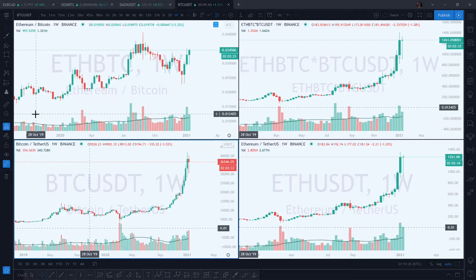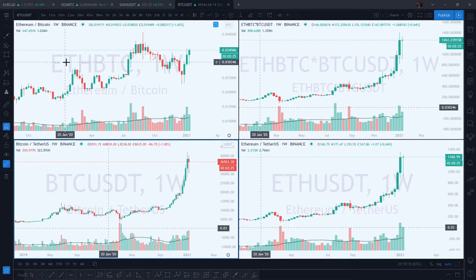But in the general case, I'm regarding all of them as altcoin for the sake of this example. So 1 altcoin is 1 altcoin, as 1 ETH is 1 ETH, and 1 XRP is equal to 1 XRP.